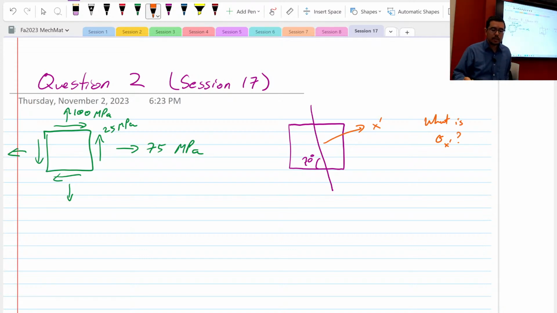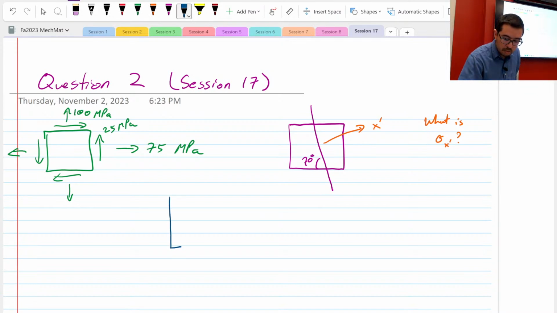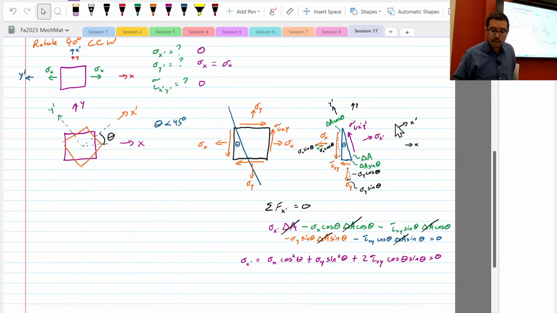So it's important to be able to relate this. This will become key later on too, to what we just defined in our convention. So this angle right here is 70, right? That's a 70. Do you remember how we defined theta though in the previous case? Remember, the angle of rotation is this theta.